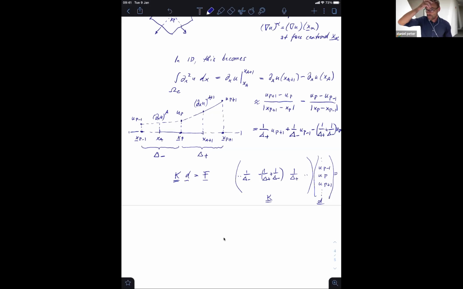Clear so far? Good. So what we still need to do are the boundary terms. Let's quickly look at how these boundary conditions would look like with a finite volume approach.